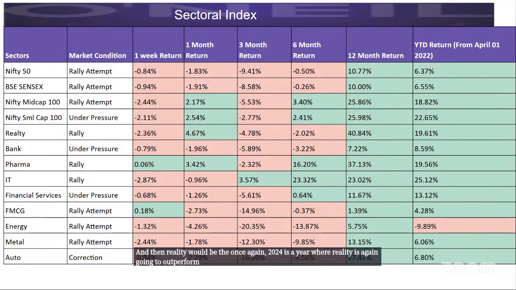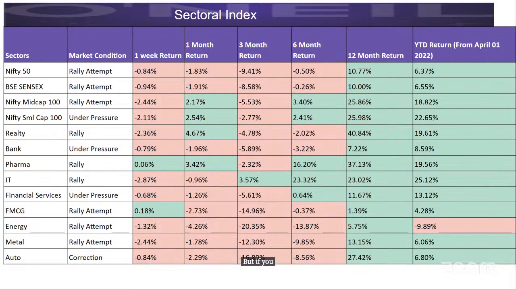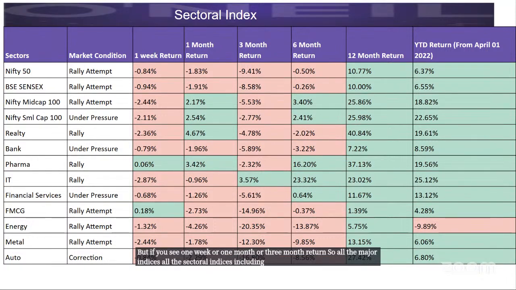Like from the last 3 years, I can say on a relative basis, from 2022 onward, realty is consistently outperforming the market, and this year also realty is going to outperform and maybe it will end this particular calendar year with a gain of 40%. But if you see 1 week or 1 month or 3 month return, all the major indices, all the sectoral indices, including Nifty, Sensex, everything has generated negative return.